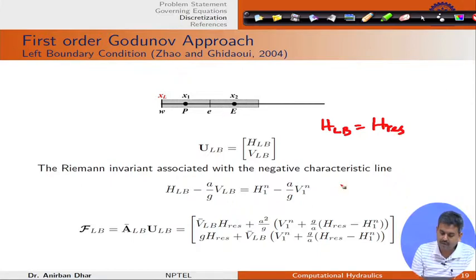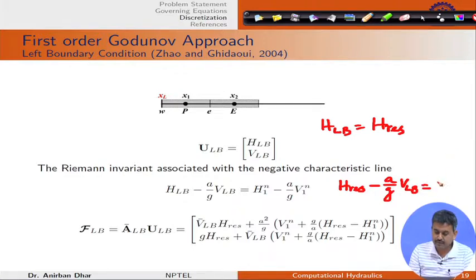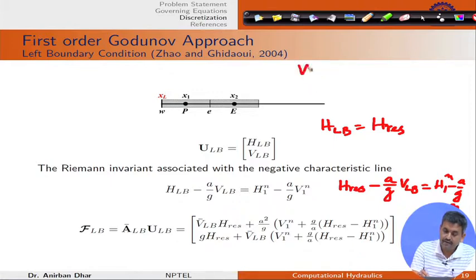So, from this equation I can get H res minus A by G VLB equals to H1n minus A by G into V1n. So, from there I can get this VLB value.